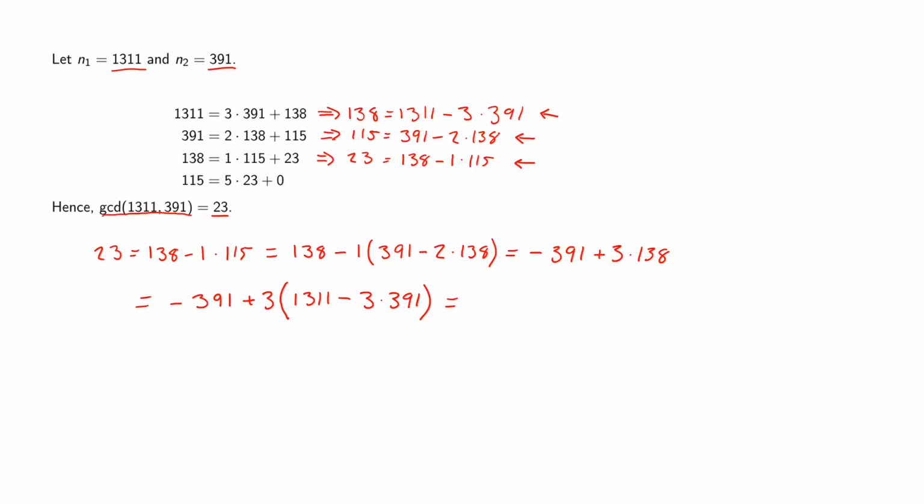So we have 3 times 1311, and we have minus 1 here, and we have minus 9 391s. So we will have minus 10 times 391. So we have now written our GCD 23 as s times n1 plus t times n2, where s equals 3 and t equals minus 10.